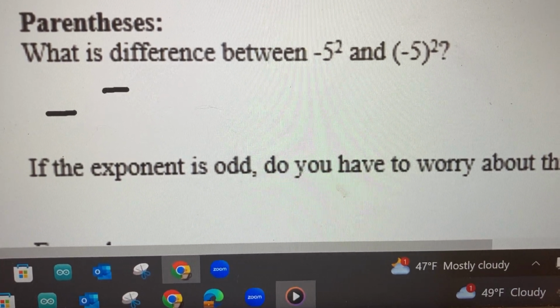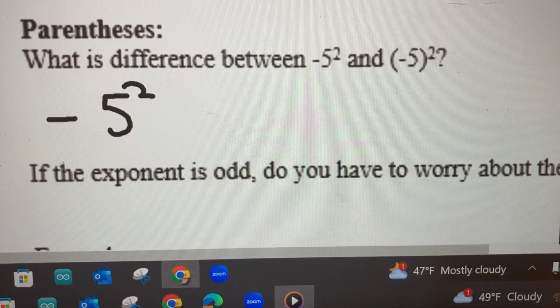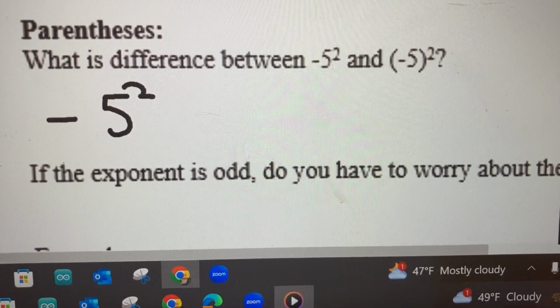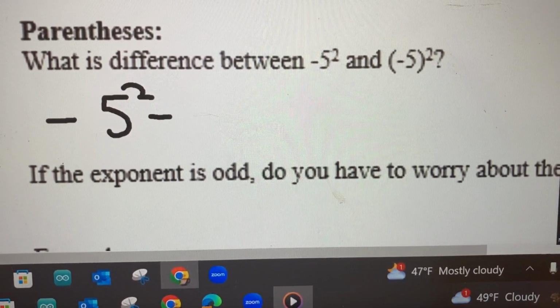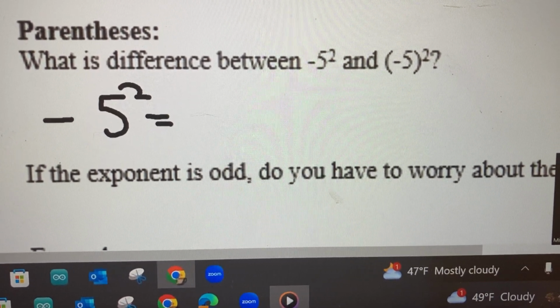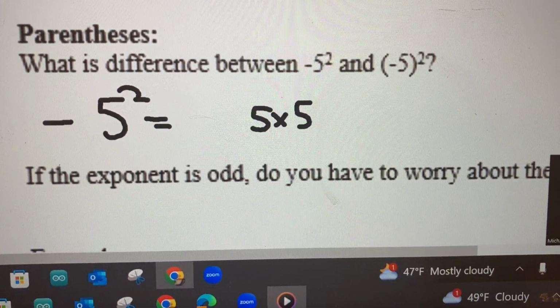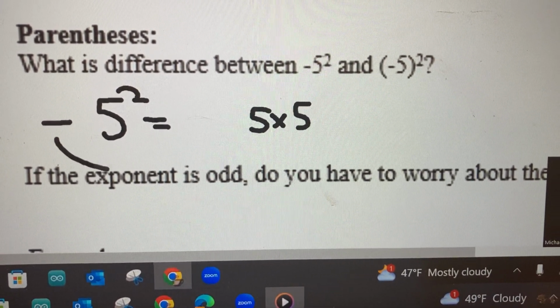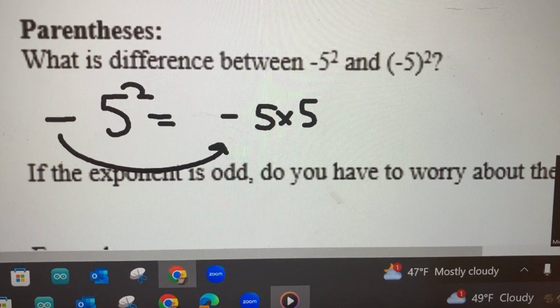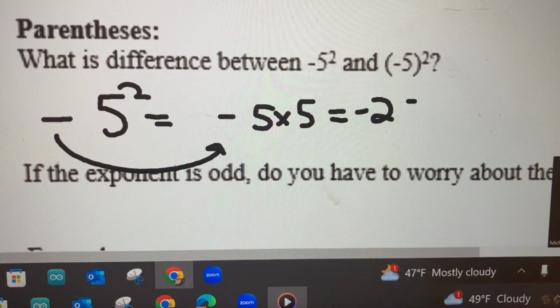When I have this, the thing that's immediately below the 2 is the 5. And so it is the 5 that is squared. So I have 5 times 5, and then I bring the negative sign over. So this is going to be negative 25.